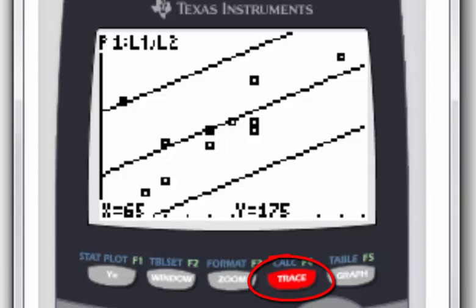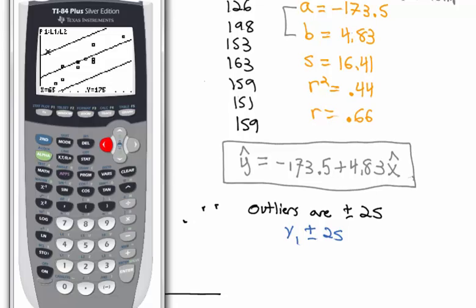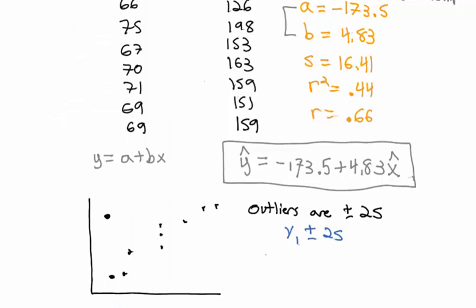If I hit trace, I can scroll through the dots. You see one of them has a star on it blinking, until it highlights that one. I see 65, 175. Looks like it's outside of those lines. So we will say that value, 65, 175, is an outlier.